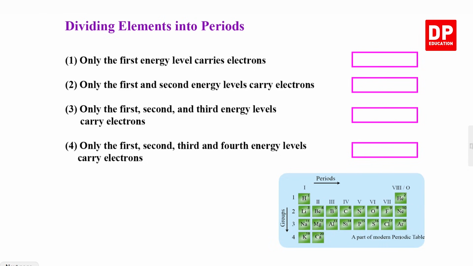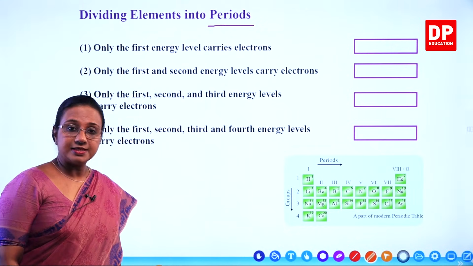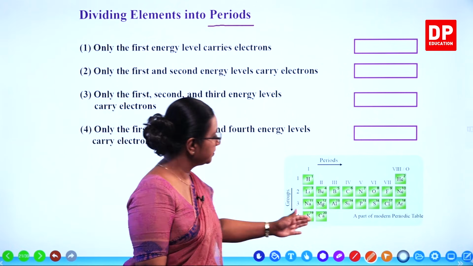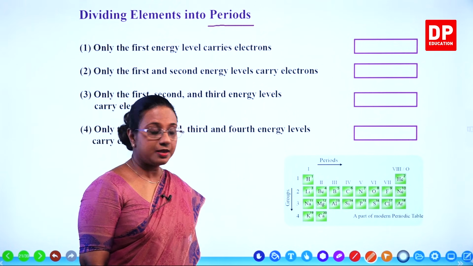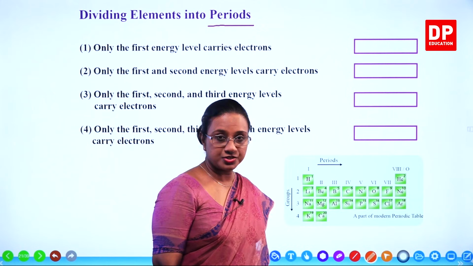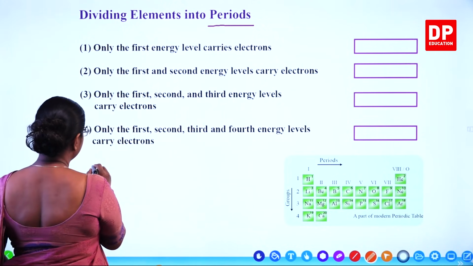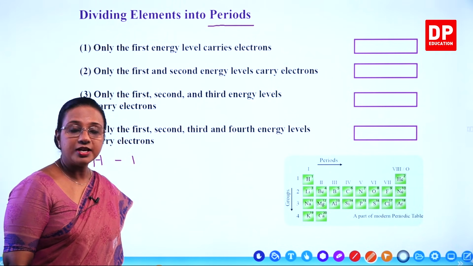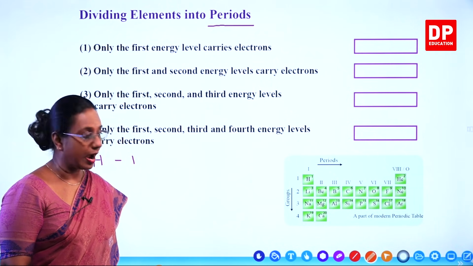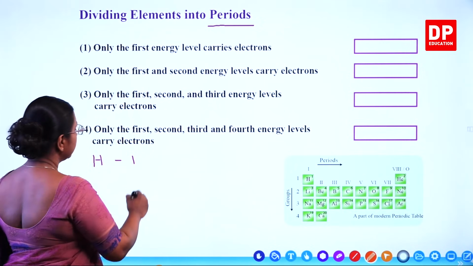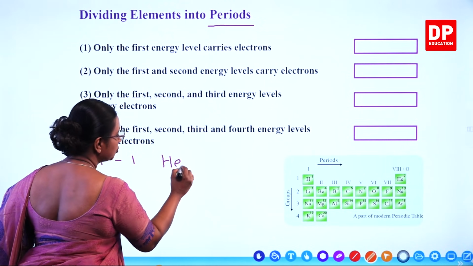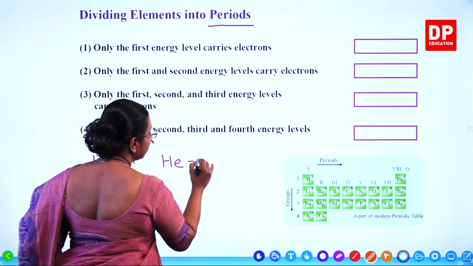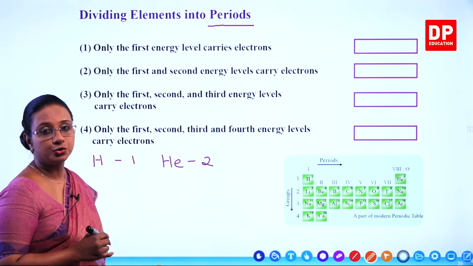First, we will see how we can divide elements into periods. If we take an example, you look at the simple part of the periodic table. Hydrogen is an element that has only one electron, so the electronic configuration is 1. Helium is another element that has 2 electrons, so the electronic configuration is 2.